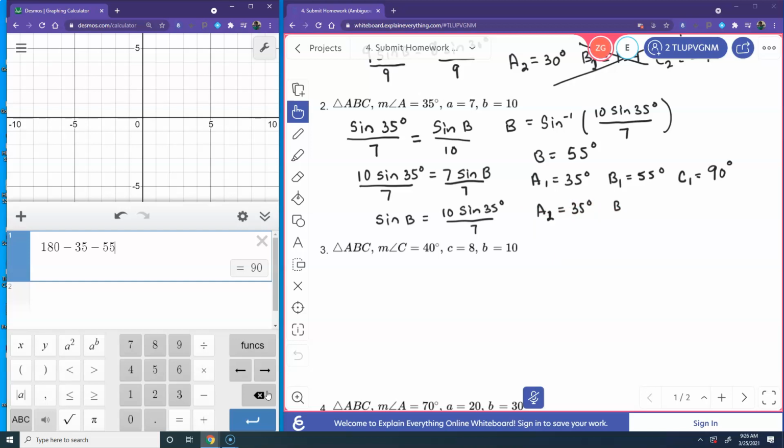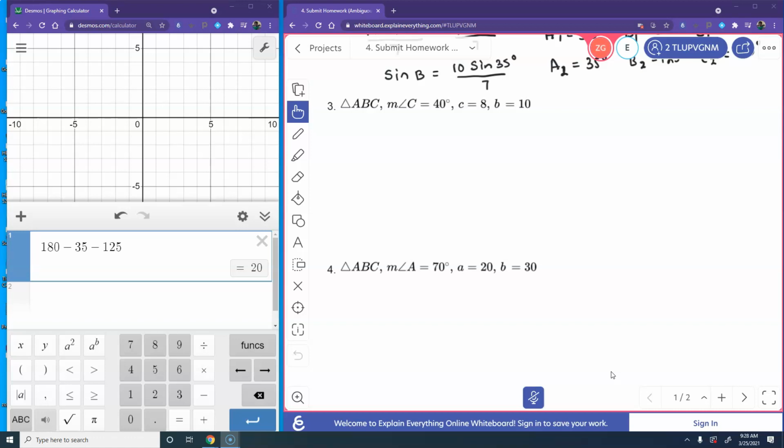The second possibility for B, we're going to get 180 minus 55, which gives you 125. So we have 180 minus 35 minus 125. Remember, the sum of the angles is 180. So our third angle is equal to 20. So there are two triangles in this example. There are two possibilities, okay?